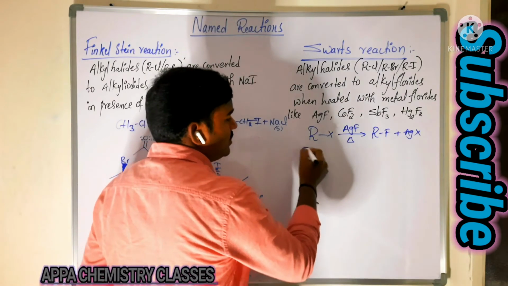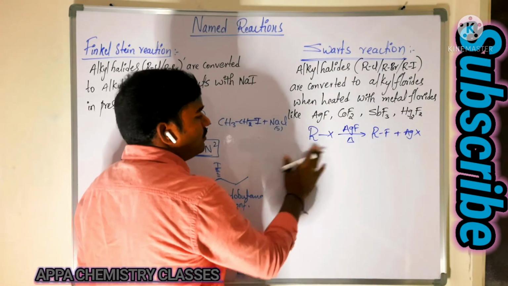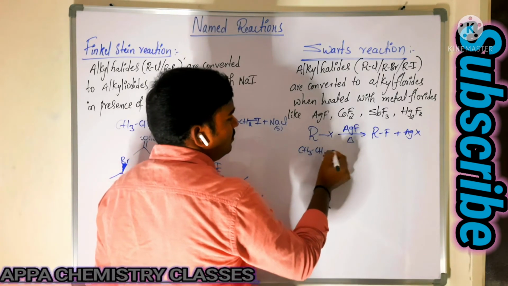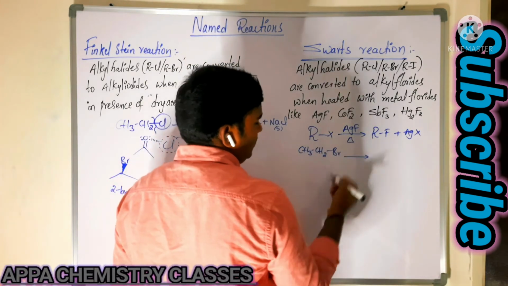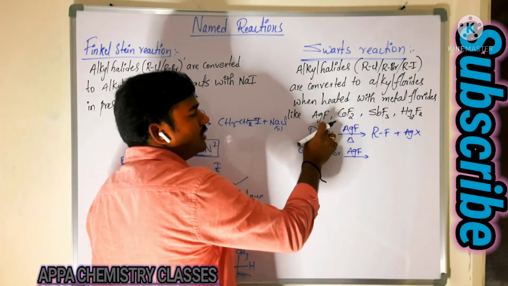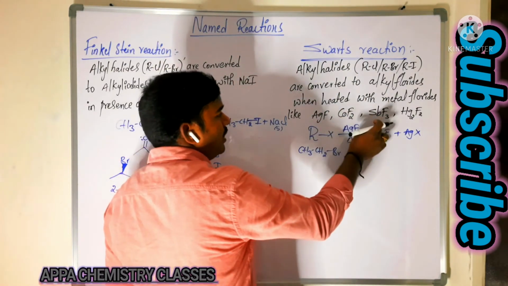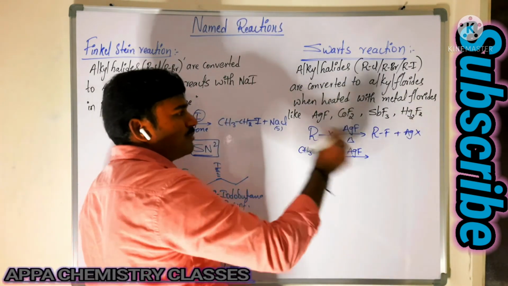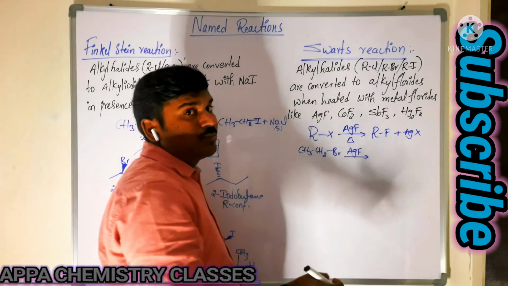Is that clear? Now say for example I am taking ethyl bromide, CH3CH2Br. Whenever it reacts with metal fluorides like silver fluoride, cobalt fluoride, antimony fluoride, or mercurous fluoride, these all are inorganic metal fluorides.